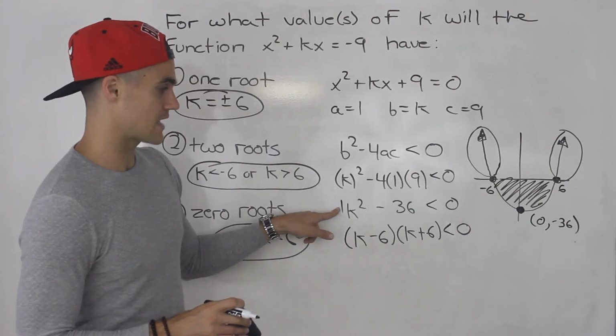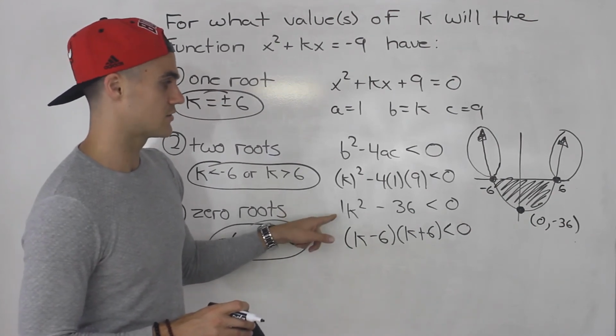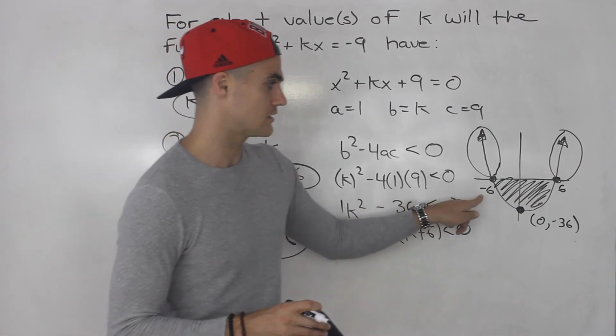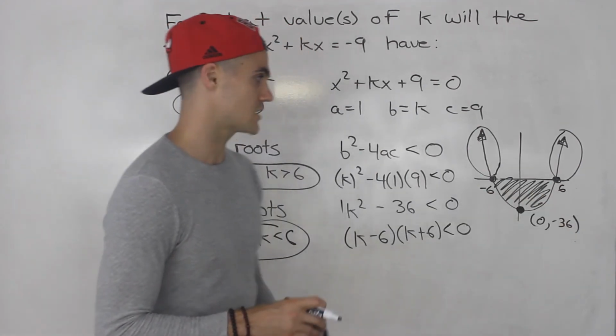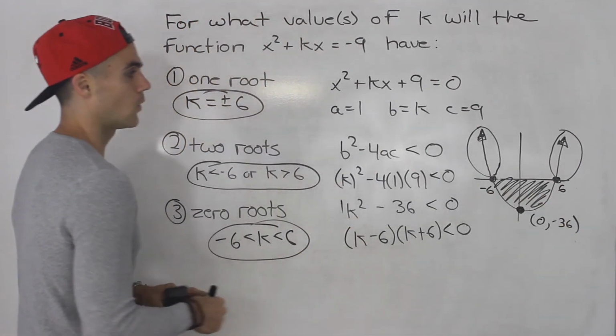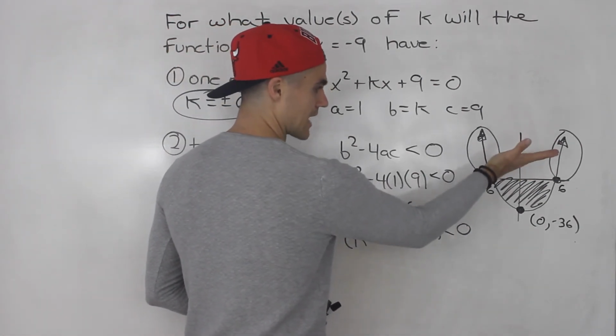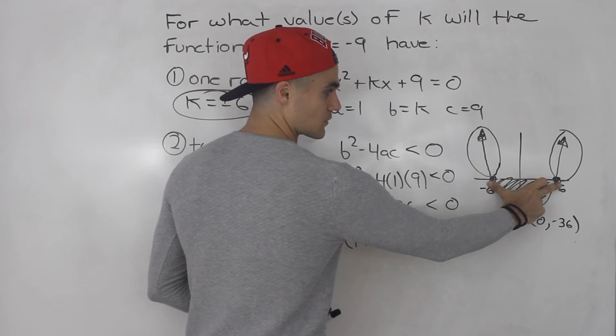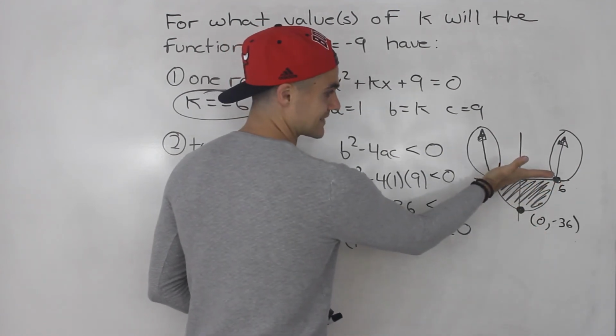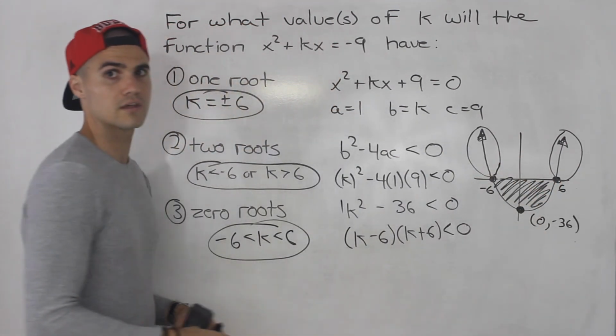It's opening up because the a value is positive, and then you just need the intercepts. In this case, it factored smoothly, -6, +6 are the intercepts. And then visually you could see when is the discriminant greater than 0, above the x-axis, when is it equal to 0, at the intercepts, and then when is it less than 0, below the x-axis.